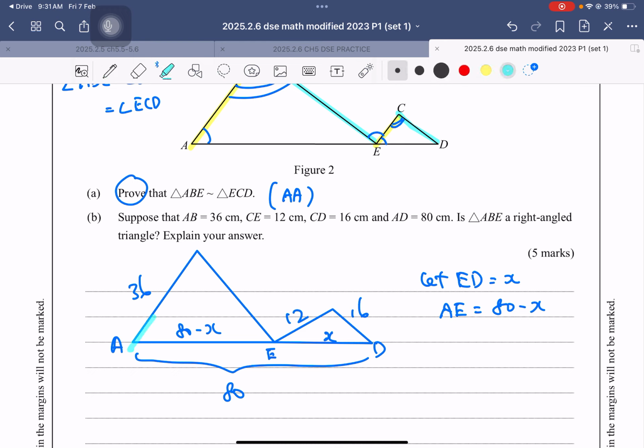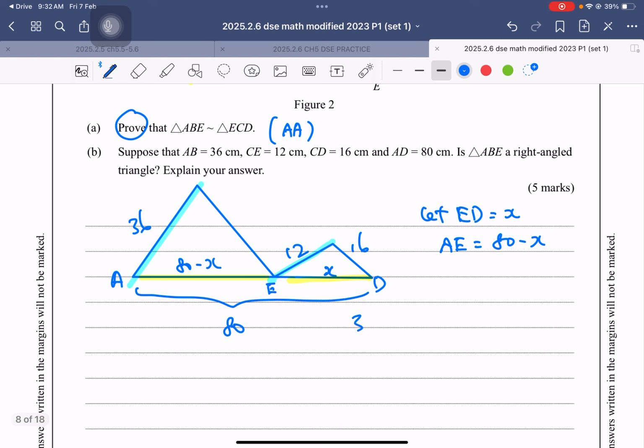These two pairs of sides are the same, and these two pairs should be the same as well, isn't it? So we can say 36 divided by 12 is equal to, yes, divided by, exactly. Okay, you find the corresponding side.